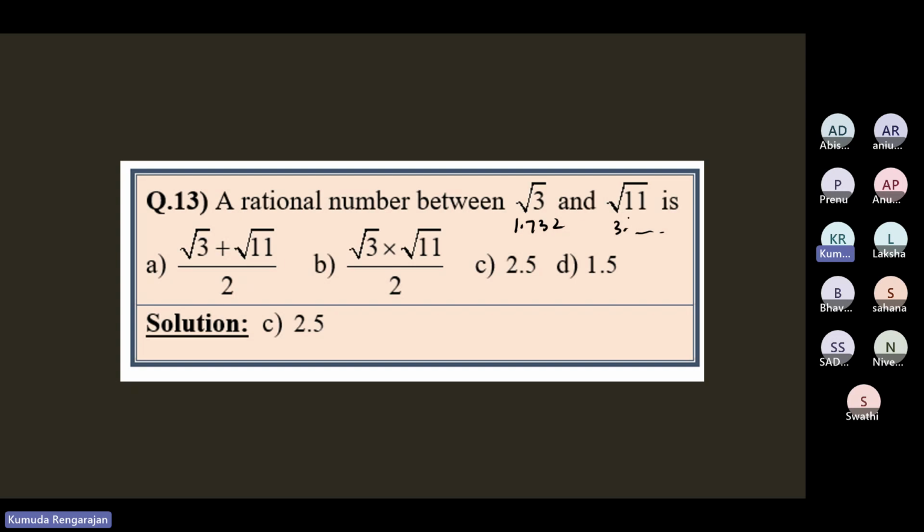Sometimes you need not know the exact value, but you should at least know the approximation. Root 9 is 3, so root 11 will be more than 3 but less than 4. 3 point something.